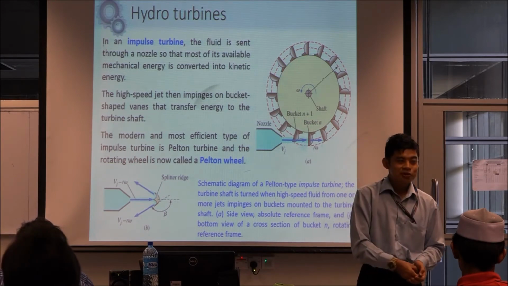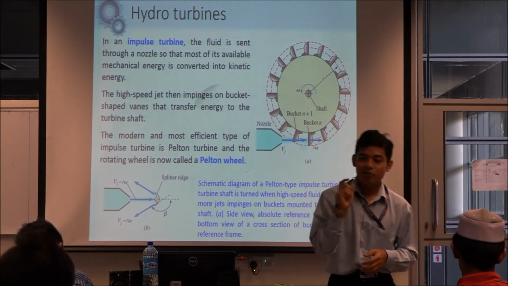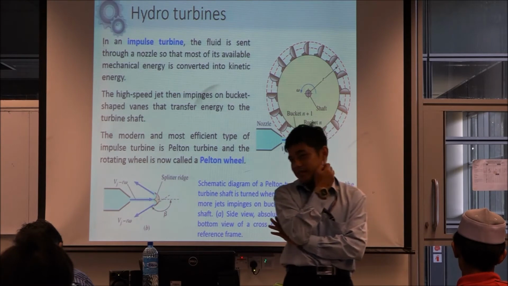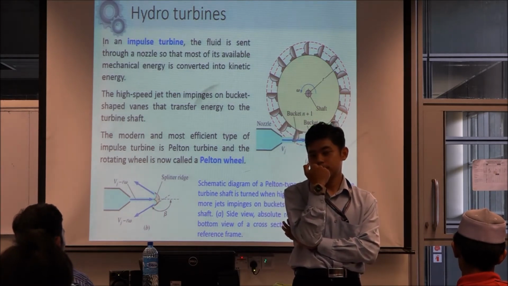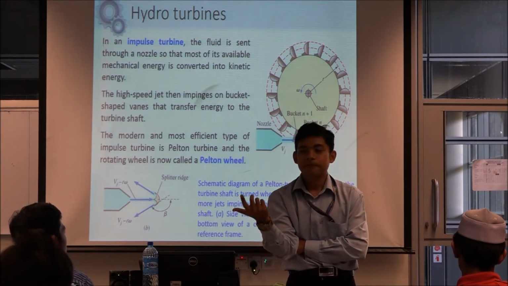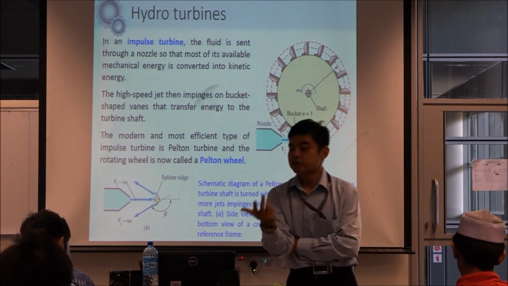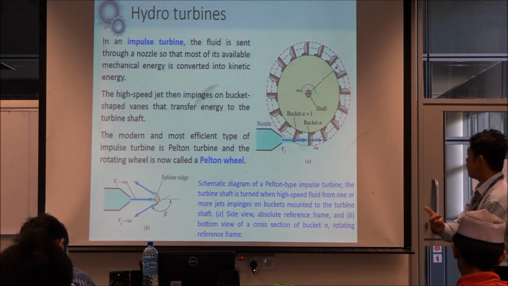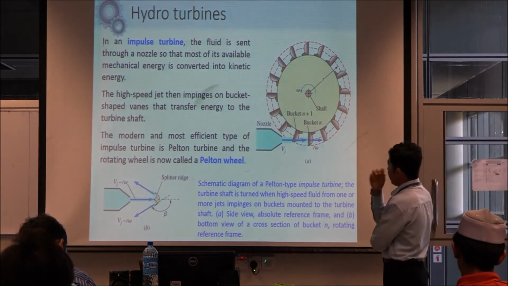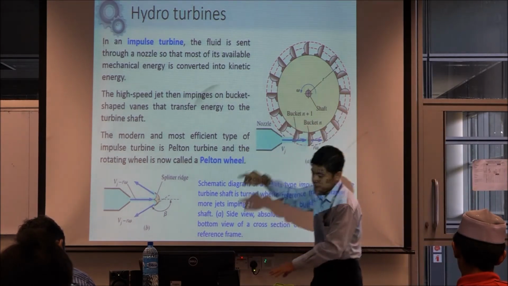Can you guess what is the purpose of installing a nozzle on that impulse turbine? Speed. Increase the velocity. You increase the velocity. Why do we need to increase the velocity? Let's look at this, this is your turbine.